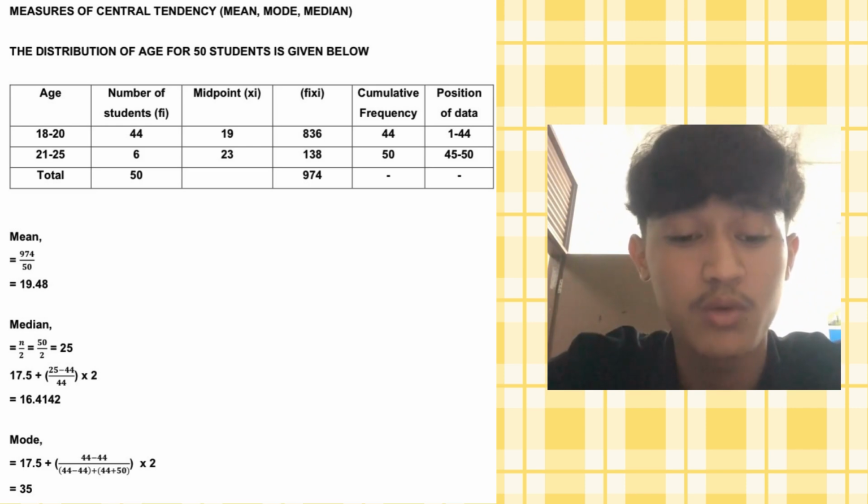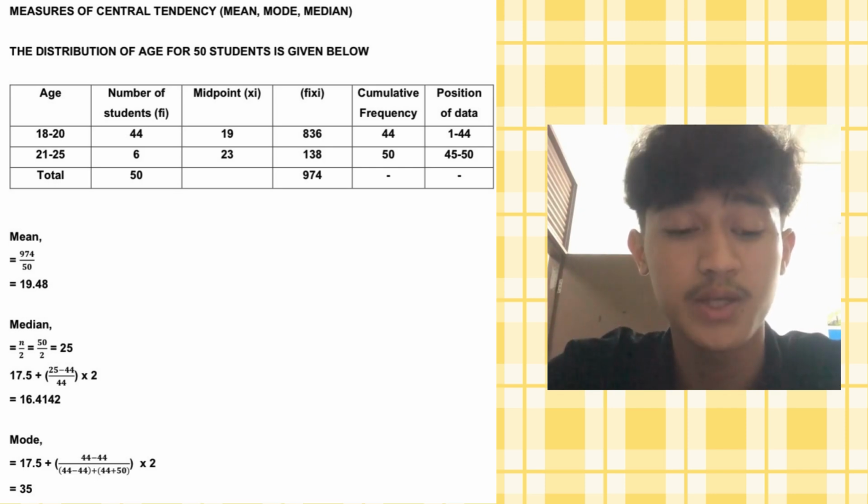Age group 21 to 25, number of students is 6, midpoint is 23, fi times xi is 138. Cumulative frequency is 50. Position of data 45 to 50. Total number of students is 50.